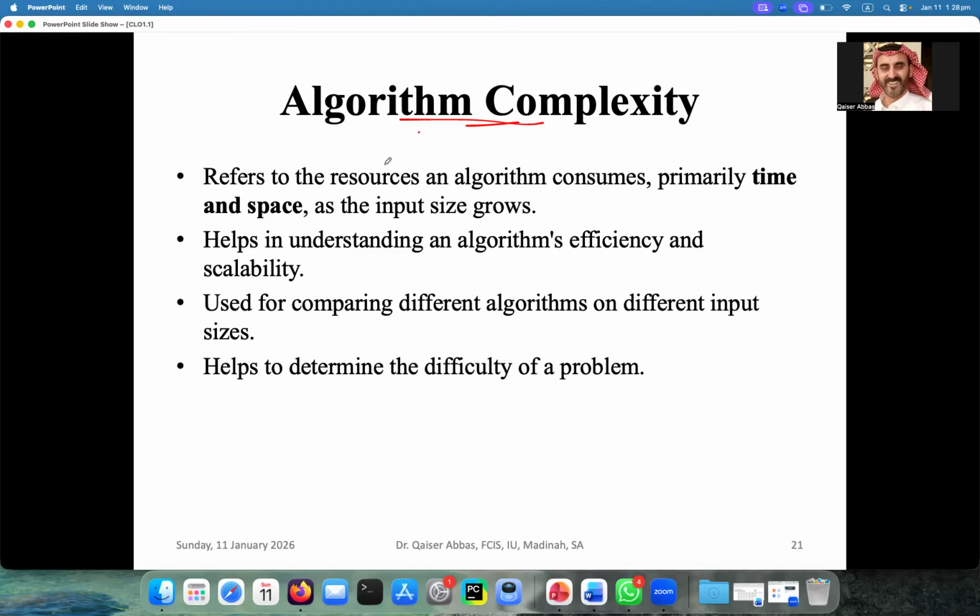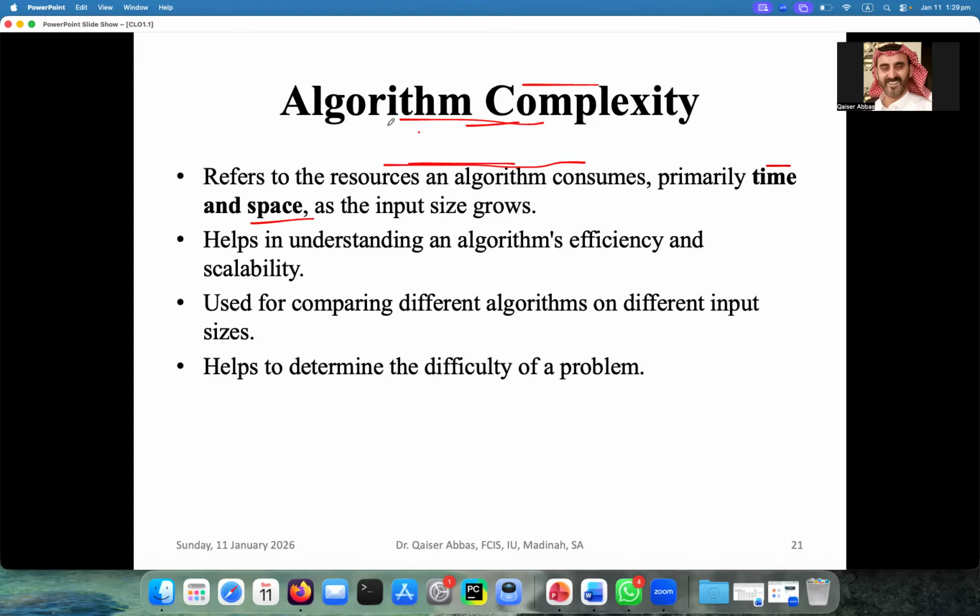What resources will an algorithm consume? When you calculate the complexity, you will get your answers, normally about the time and space complexity of your algorithm when the input size is varying.